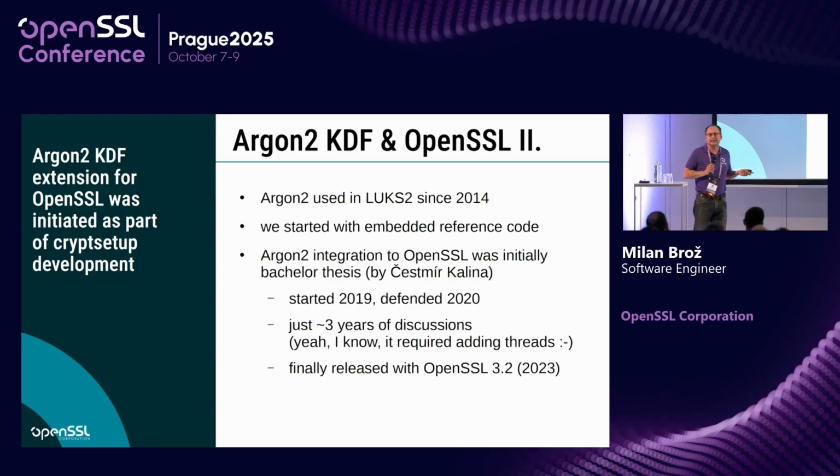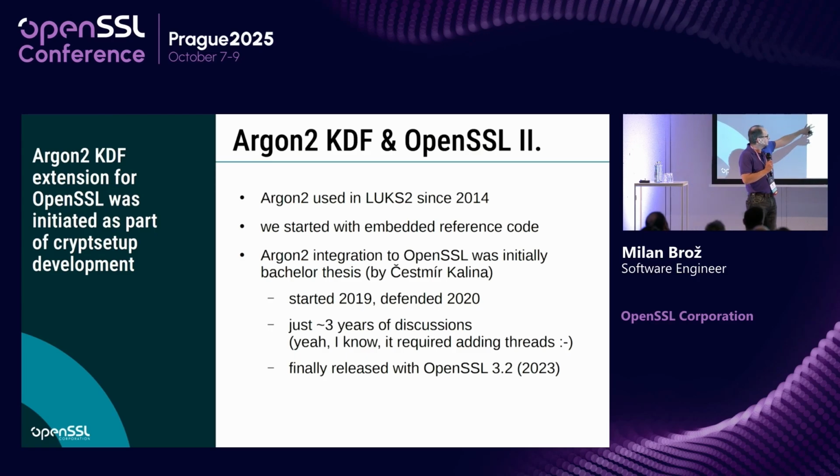Well, it's a success story. It was finally in OpenSSL 3.2. We switched to the library, so it's available for everyone, but the process, as an independent researcher not backed by any company at the time, that would like to push a new algorithm there, was not so easy.